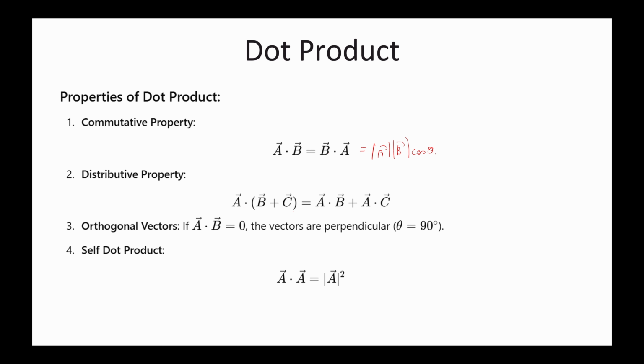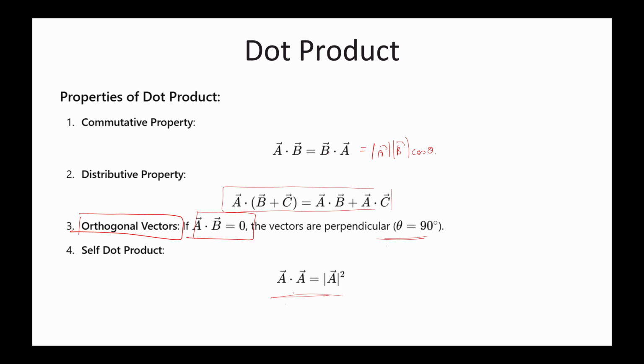Distributive property: we can simply open the bracket and multiply it as we do for normal scalar quantities. Orthogonal vectors: if a vector dot b vector is 0, that means the vectors are perpendicular. This is an important property that you must remember. And self product gives us the magnitude of the vector that we are talking about.